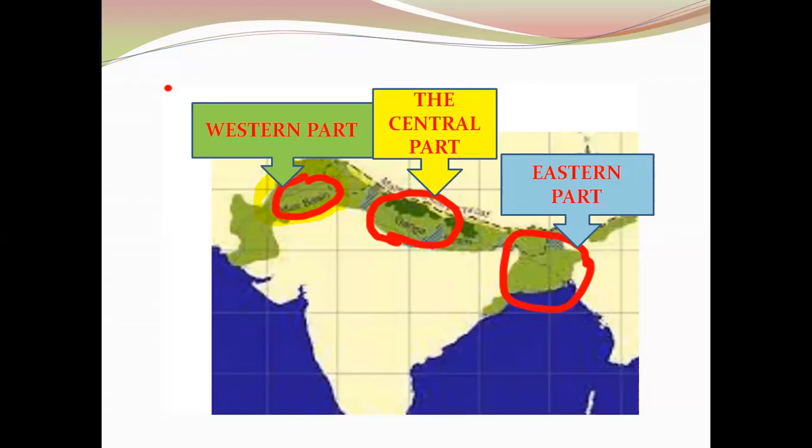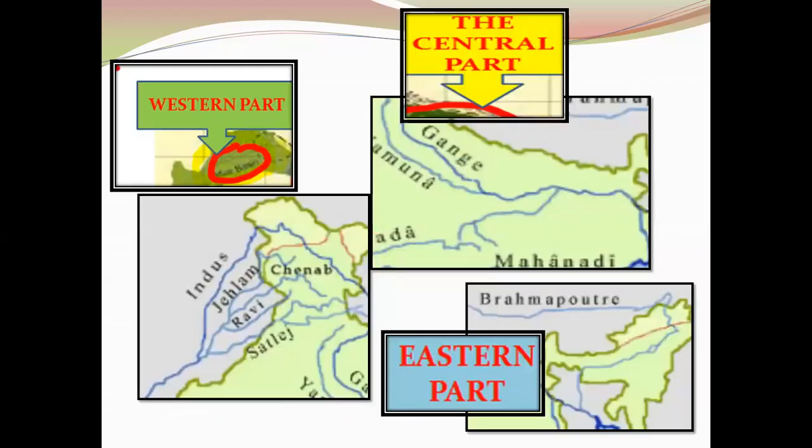So this is also the work of the Himalayan glaciers, which are melting and bringing the perennial rivers. So you can see the western part because of the Indus River. And again, Indus River is divided into five tributaries: Chenab, Indus, Jhelum, Ravi, Satluj.